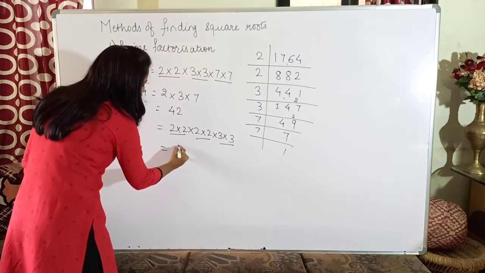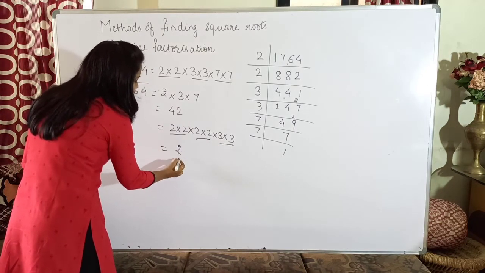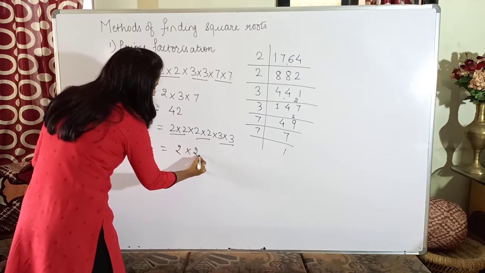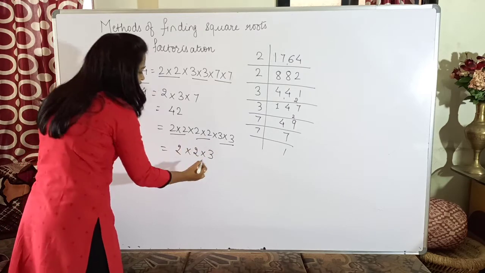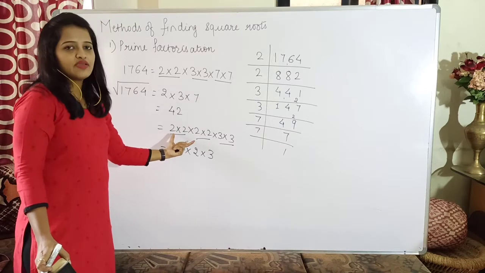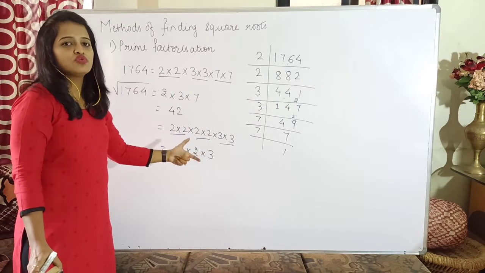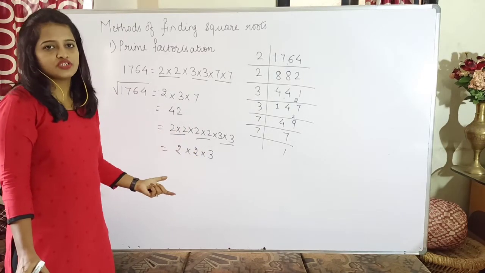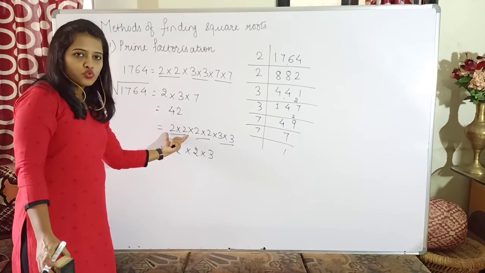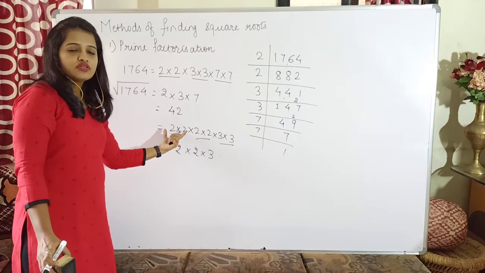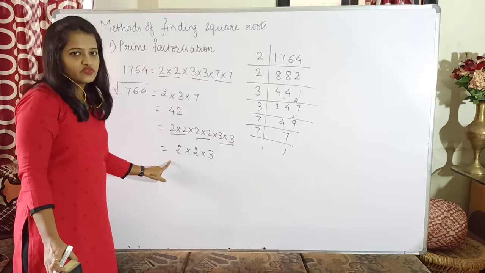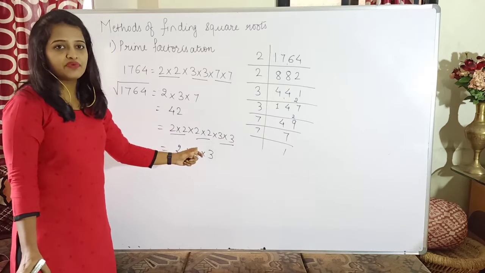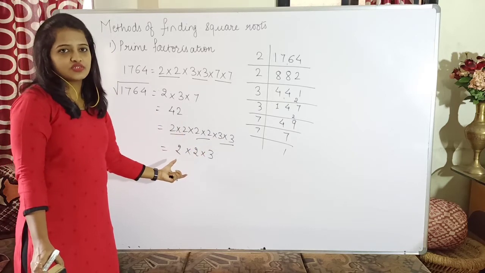When you are taking its square root, from this pair I am taking one 2, from another pair I am taking one 2, and from a pair of 3s I am taking one 3. So it doesn't mean that if the same prime factor is repeated more than 2 times you will take it only once. No, only for each pair you are taking it as 1. If the same number is repeated again, for those also you will consider it as 1.